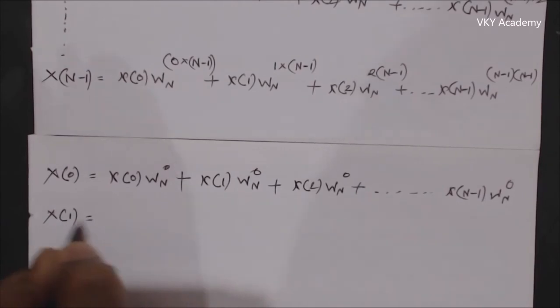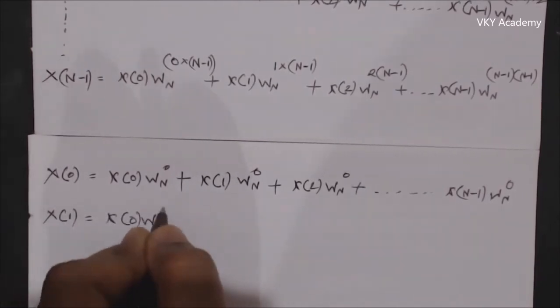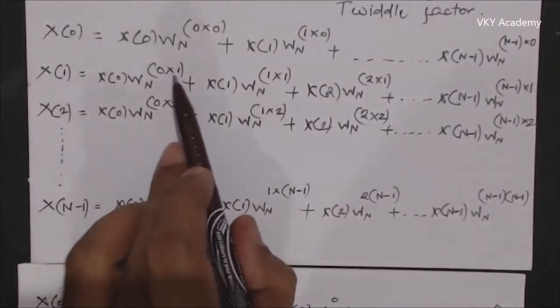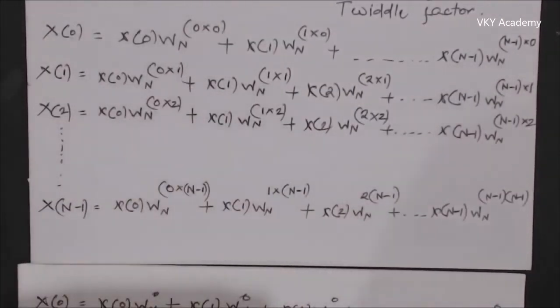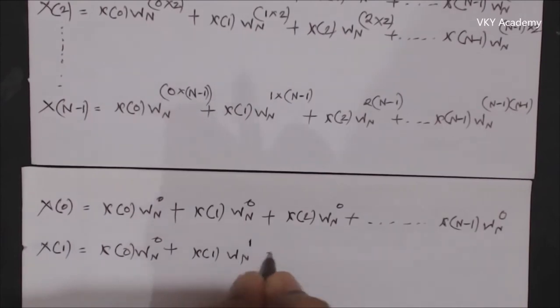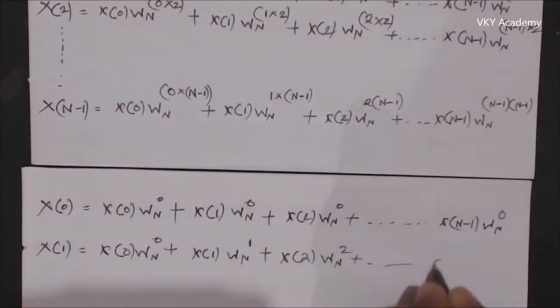Capital X of 1 will be x of 0 WN to the power 0, you can see here this is WN to the power 0, plus x of 1 WN to the power 1 plus x of 2 WN to the power 2 up to x of n minus 1 WN to the power n minus 1.